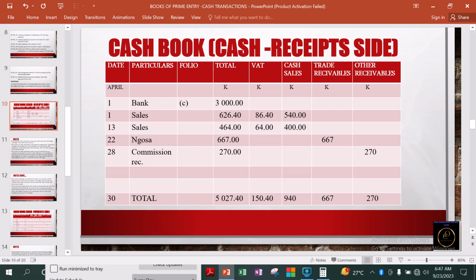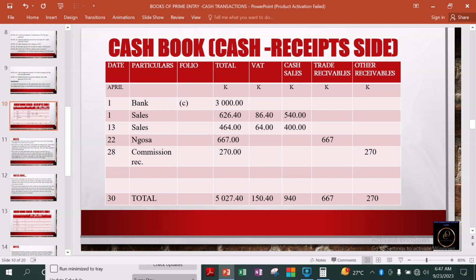Now you have noticed that nothing has been entered under VAT. This one was a credit transaction. Ngosa had got goods on credit from us. Now this time around he had money, he came to pay.